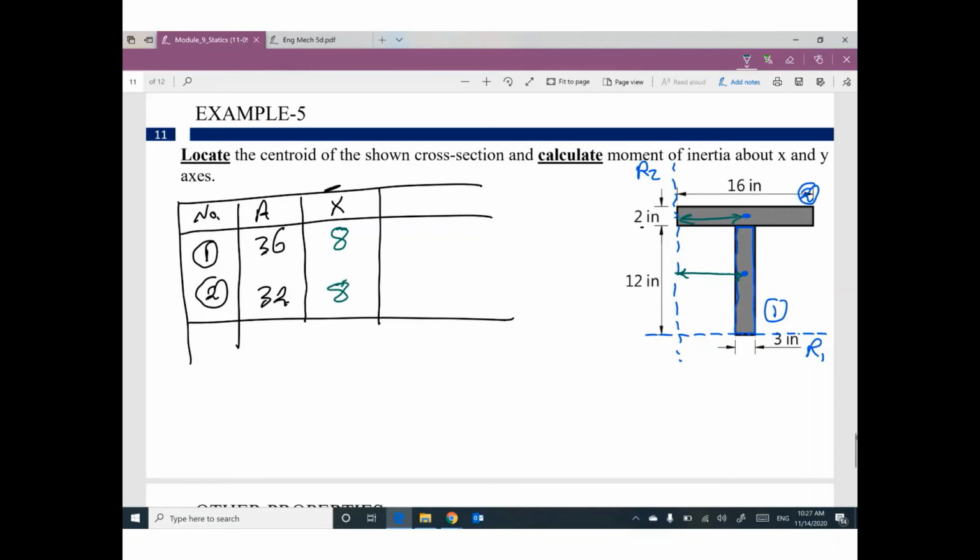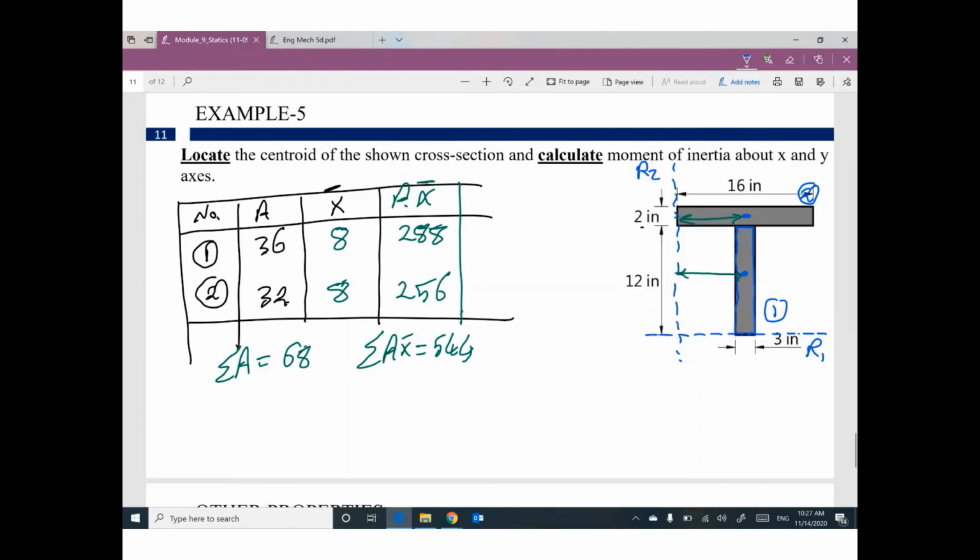Go ahead and multiply area times x bar. 36 times 8, 288. 32 times 8, 256. Summation of area, how much? Summation of area x bar, how much? So this column will be 544. This column will be 68.